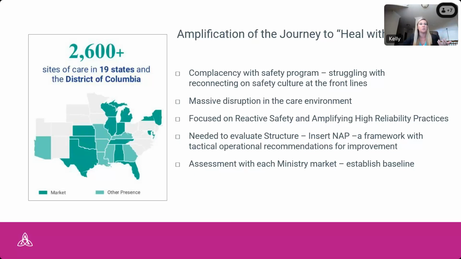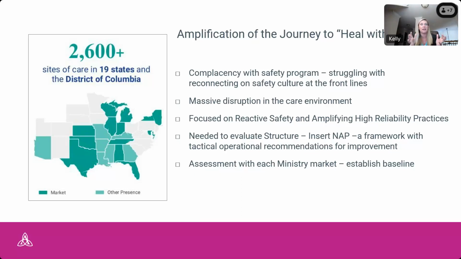The COVID pandemic, as we all know, created massive disruption in our care environment. At that time, we were really focused on reacting to patient safety events that were occurring, as well as trying to move more into that proactive space by amplifying high reliability practices across the care continuum in all of our organizations.